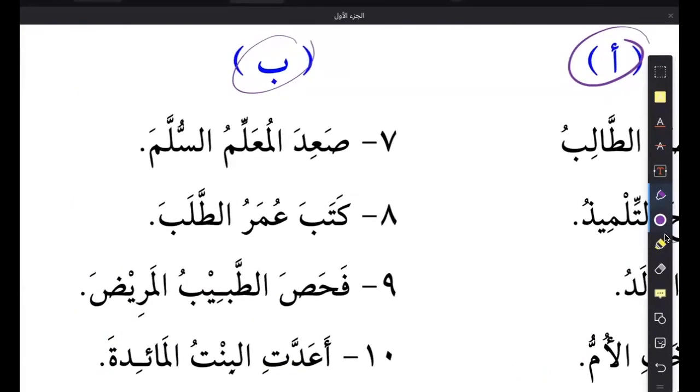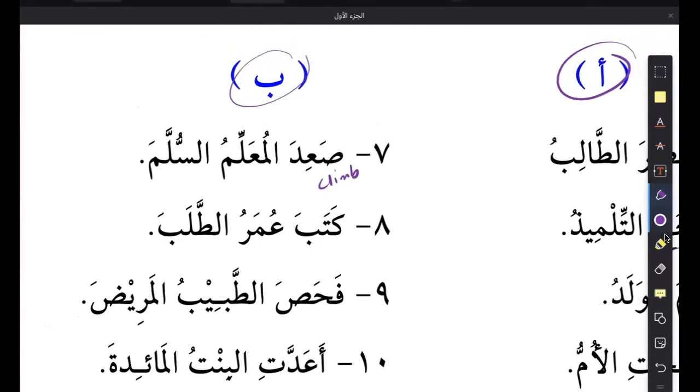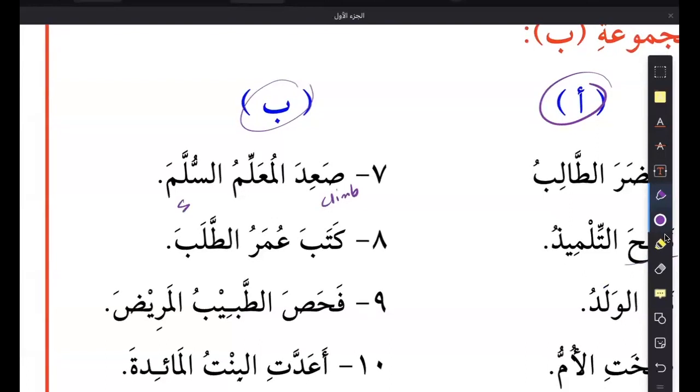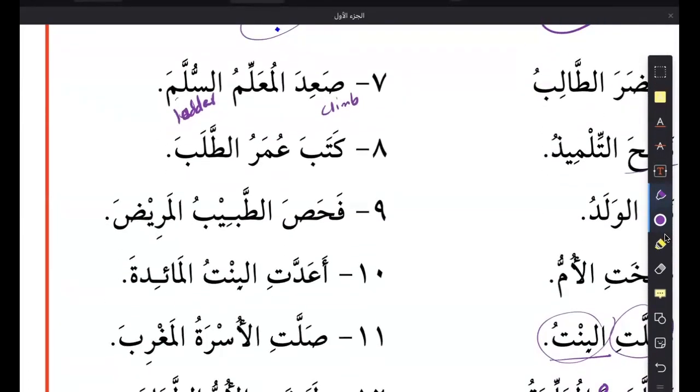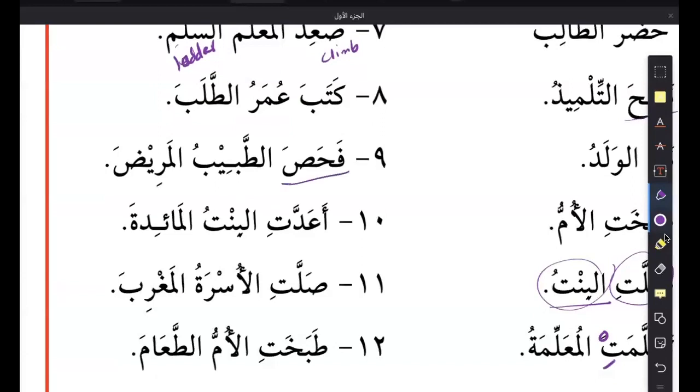It says صعد المعلم السلم. صعد means to climb. I think we also have had this one before. Sulam is stairs or ladder. كتب عمر الطلبة. So Omar wrote the request. فحص الطبيب المريض. فحص, we also had this one before, to examine.